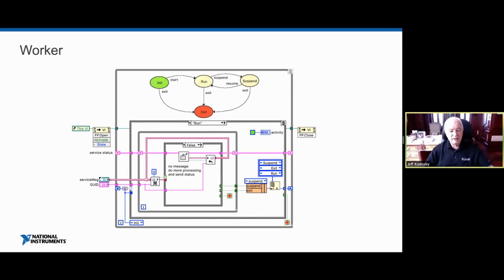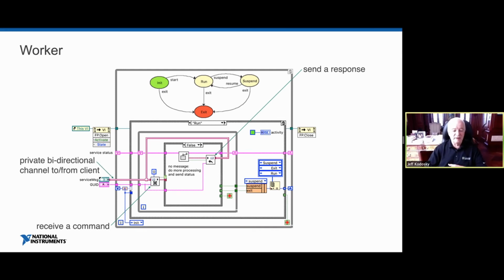And here's the worker diagram. Again, it's similar to the processing loop that we've seen before in the other examples. Again, never mind the details, but notice that the command is being received on the channel specified by the GUID that the worker was given when it was started.